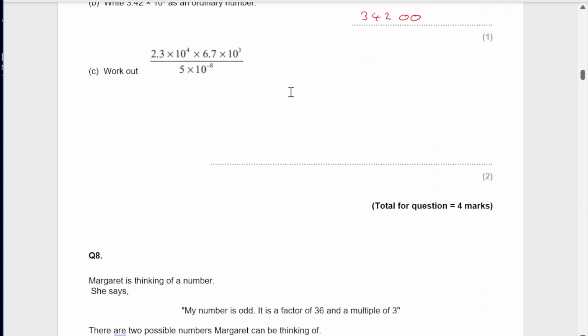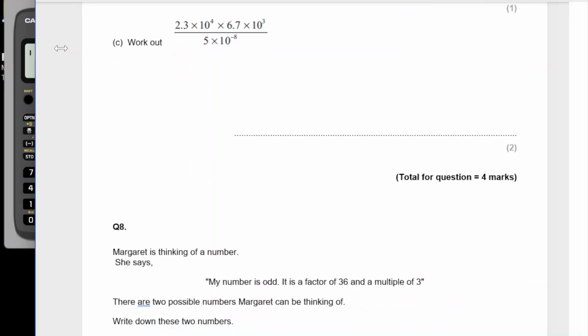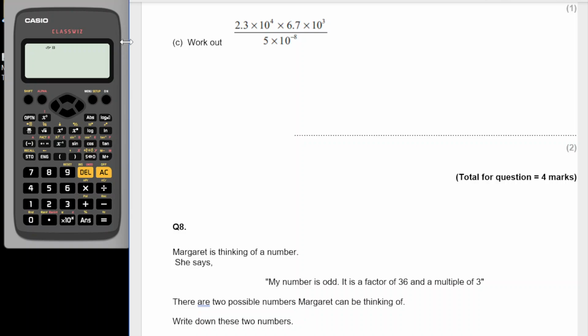And part C, work out. So I'm going to use my calculator for this because it's a calculator paper. So this is my standard form button here. So I'm going to type it in as a fraction, and I'm going to type it just as it appears. So 2.3 times 10 to the 4 times 6.7 times 10 to the 3.